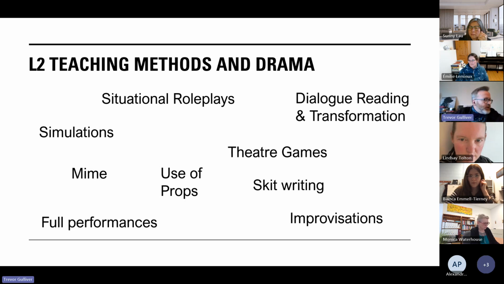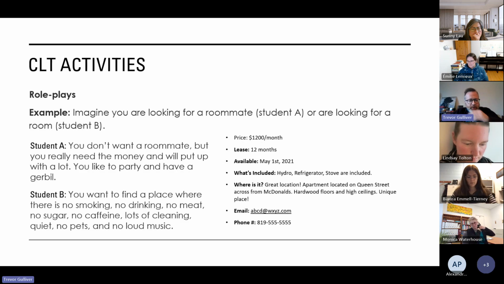I'm going to go ahead and show another activity that I would say is quite familiar to us, and I'd call an example of drama in communicative language teaching. Simple situational role plays. In communicative language teaching, I think there's a lot of role play use. Here's one.